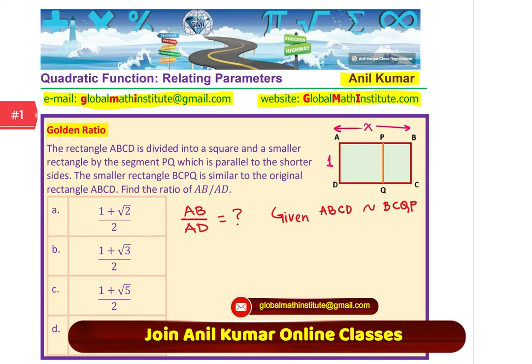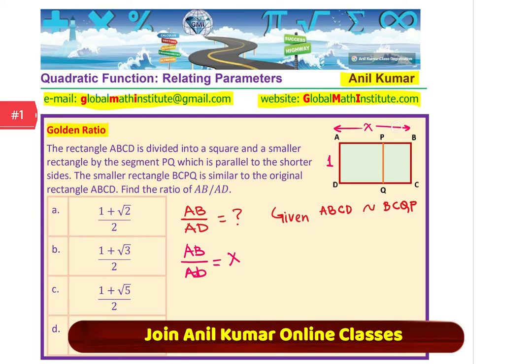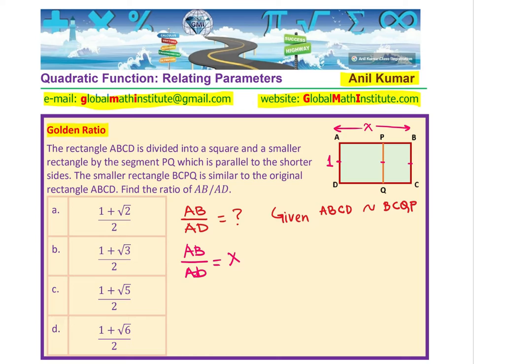So in that case, AB over AD is going to be X, correct? So basically, we need to find out what X is. Now, we know these rectangles are similar, so you can write down a proportionality statement and then get the needful result.